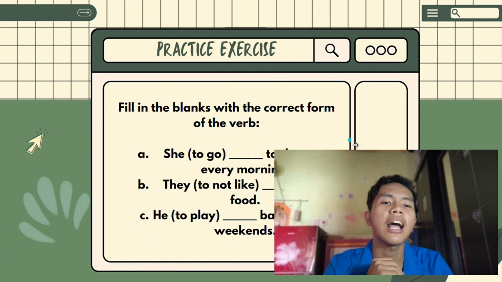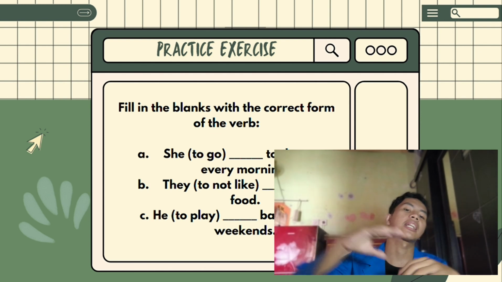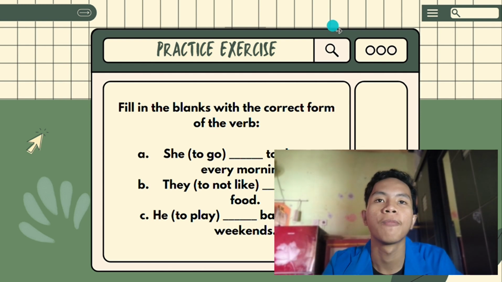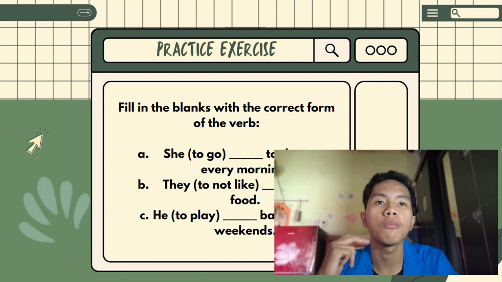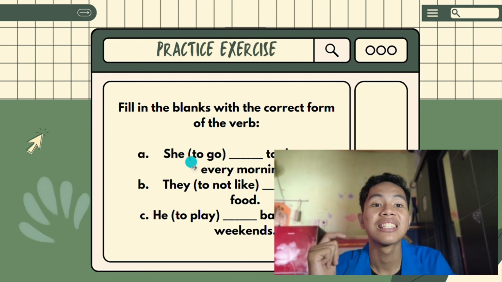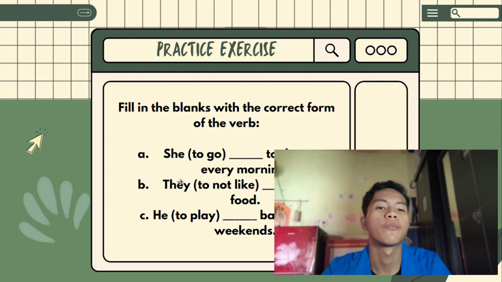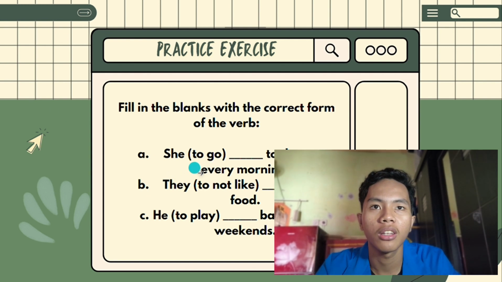Practice exercise. Here we will practice after learning simple present tense, with the questions that are already here. Fill in the blanks with the correct form of the verbs. A. She blank to go to the gym every morning. So, we identify the sentence.